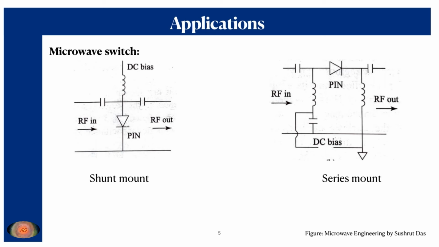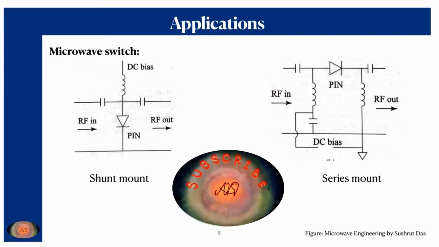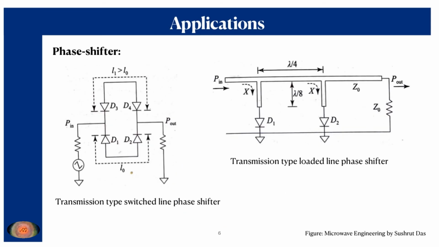But as we know, nothing is ideal, so during the switch off mode, a smaller amplitude of the input RF signal will be available at the output, and it applies to both types of mount.